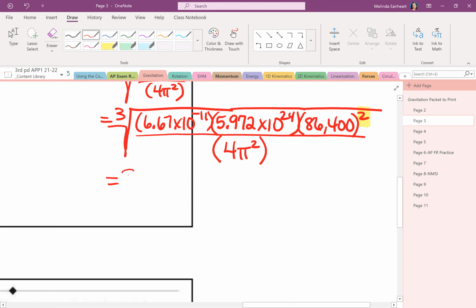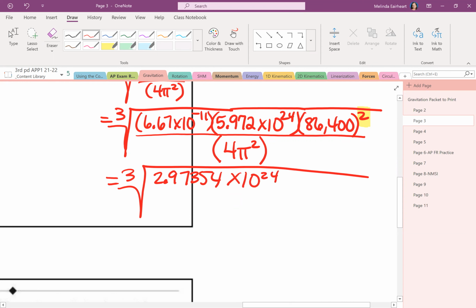So I got, for the numerator, 2.97354. Keep as many decimals as you can stand. And then divided by 4 pi squared. I'll use parentheses. Divided by parentheses 4 times pi squared.